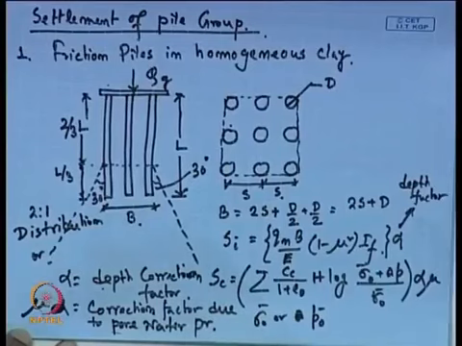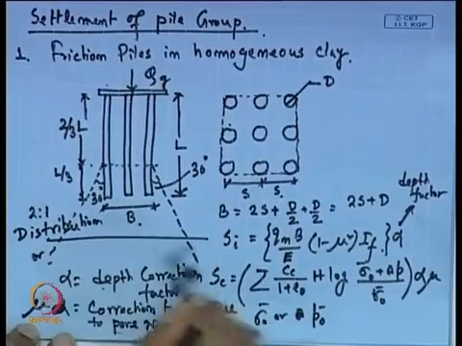For the immediate settlement you have to apply only the depth correction factor, because here we will not apply the consolidation correction factor due to the pore water pressure. Then the total settlement will be the immediate settlement plus the consolidation settlement, and that should be within the permissible limit.